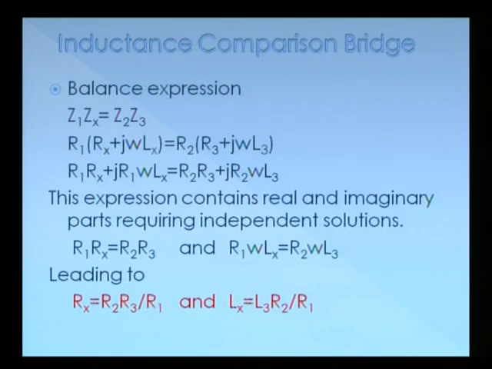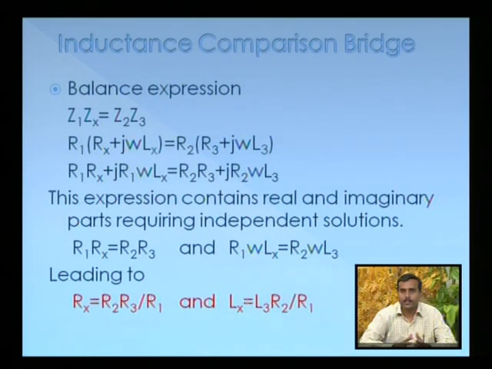Same balance condition, Z1 Zx is equal to Z2 Z3, reducing to R1 Rx plus j R1 omega Lx is equal to R2 R3 plus j R2 omega L3. So this again contains two similar parts, a real part as well as an imaginary part.